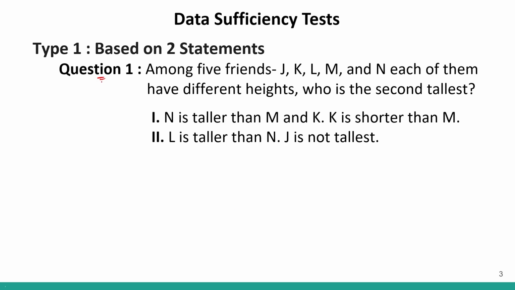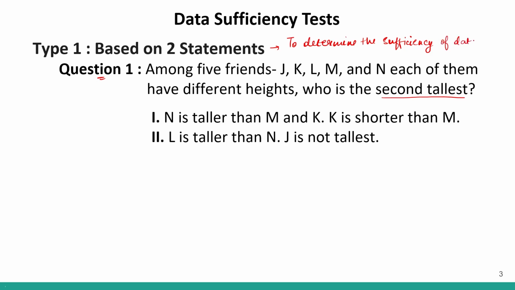Question number 1 states that among 5 friends, each of them has a different height. We have to find who is the second tallest. In data sufficiency, the objective is to determine the sufficiency of data.